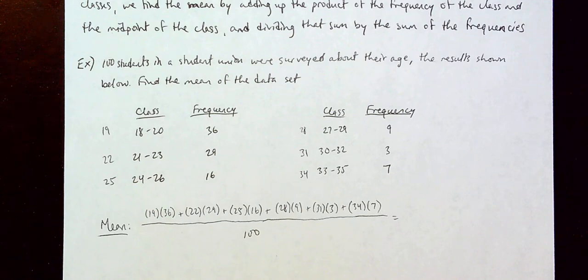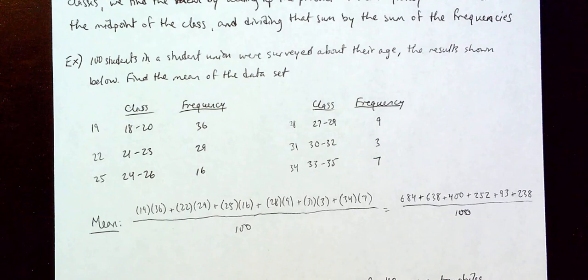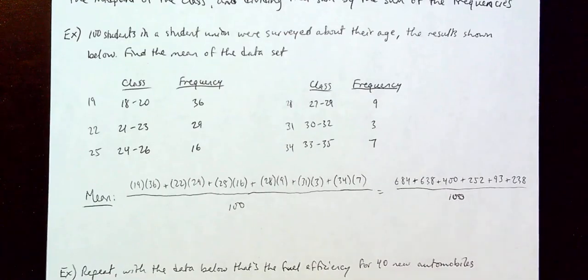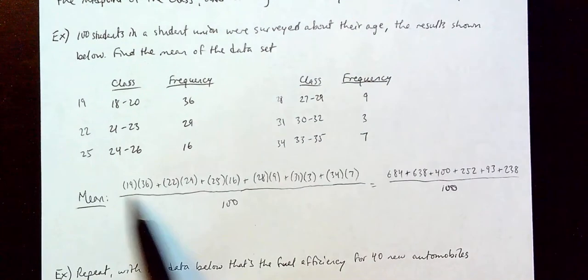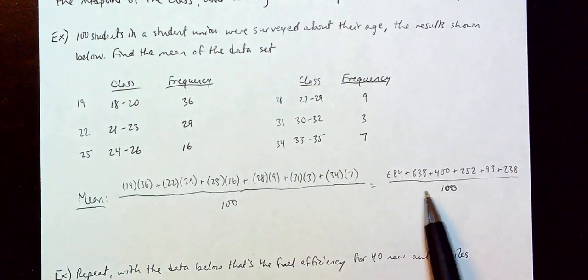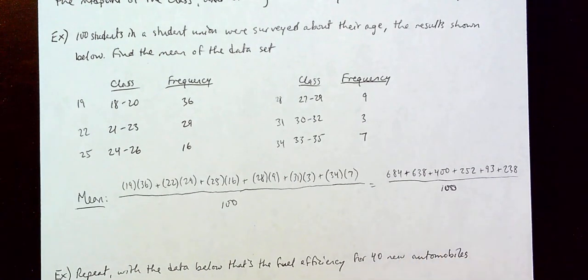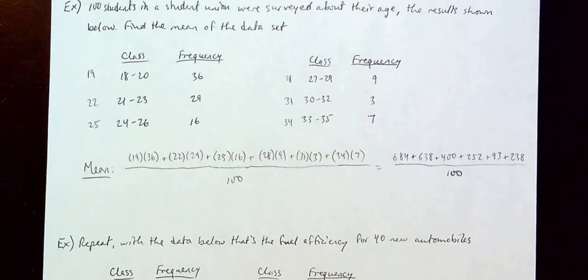So now we have some fun calculations to do. And through the magic of working with videos and pausing things and cutting things out, I have found each of these products here: 684, 638, 400, 252, 93, and 238.